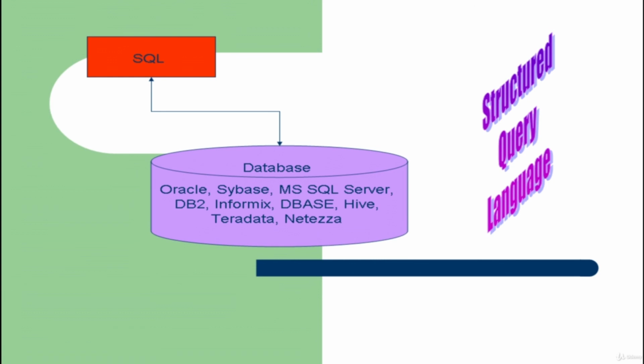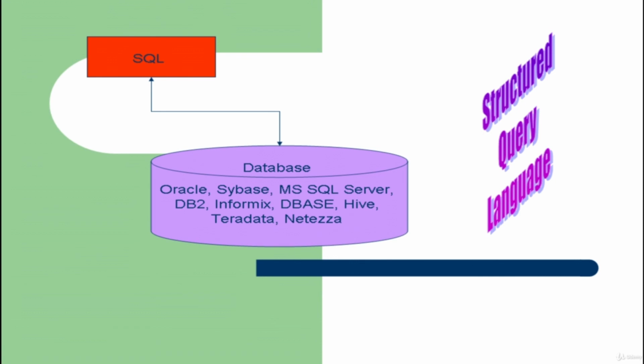A database management system is also called RDBMS, or Relational Database Management System. Why? Because a database contains tables. When they have multiple tables, they are related via a relationship. That's why it is called Relational Database Management System.